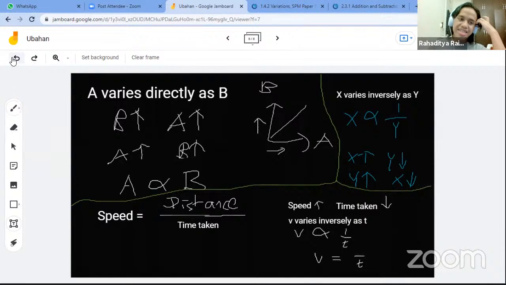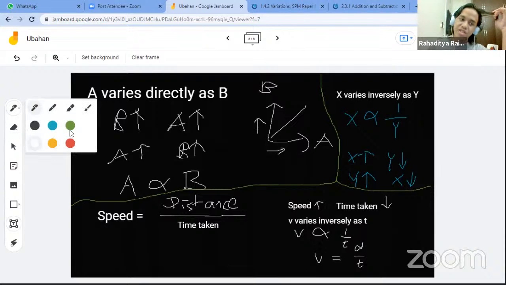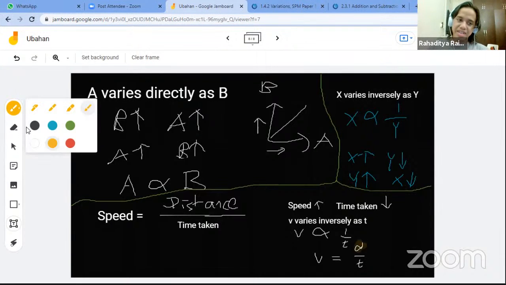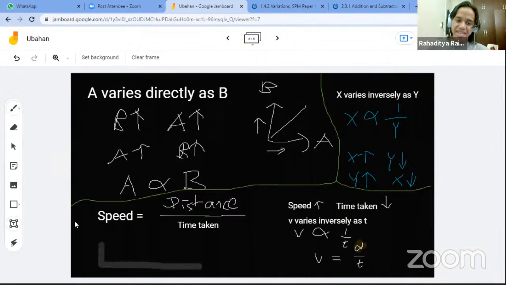So in this case, d is actually a constant. So v is equal to d over t. This is, of course, assuming that d is the constant, because there's only a 100-meter racetrack. The racetrack is not going to change at all. It's only 100 meters. This you already know.